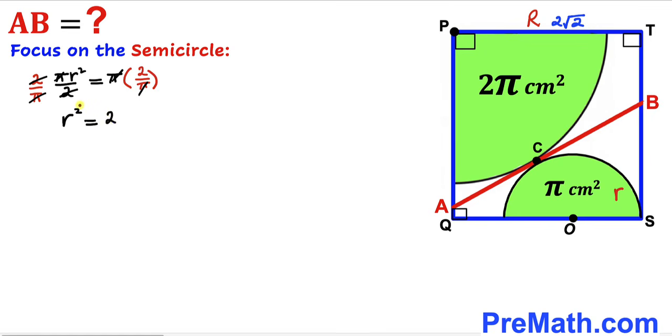And I'm going to undo this square by taking a square root on both sides. So our lowercase r value turns out to be equal to square root of 2 centimeter. So the radius lowercase r of this semicircle turns out to be square root of 2 centimeter.